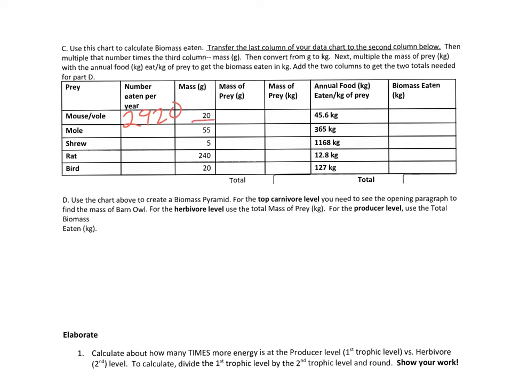We're going to multiply that by 20, an average of 20 grams each, and then come up with the amount of biomass for the prey that is consumed annually. Then we want to convert that to kilograms instead of grams because it's going to be a big number. Remember that the prefix kilo is simply 1,000. So to get from grams to kilograms, you're just simply going to divide by 1,000.